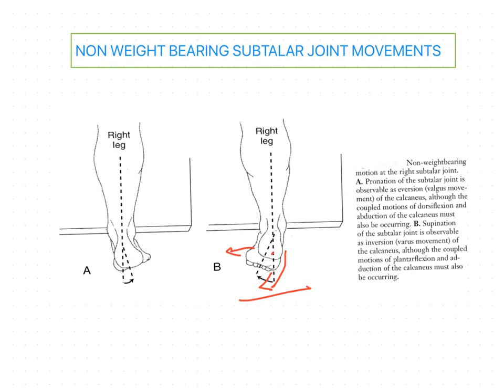You can see how the foot is adducted and inverted, and it also causes plantar flexion. Because of this plantar flexion we can see the plantar surface of the foot. So these are the combination of movements taking place in supination in non-weight bearing.